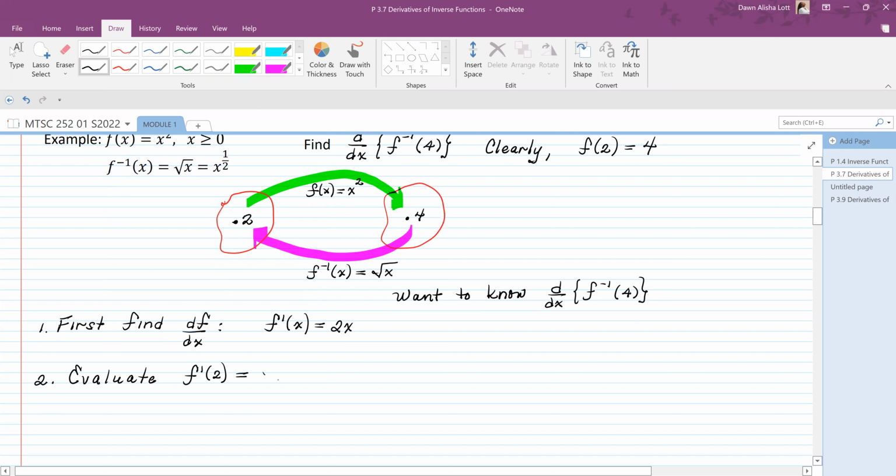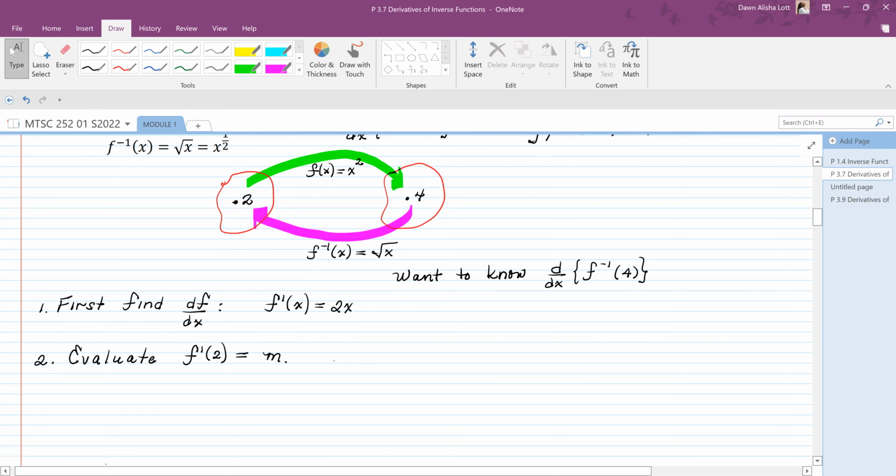And that's going to give us some number m. So for us, f prime of 2 is 2 times 2. That equals 4. So now I know my m is 4.